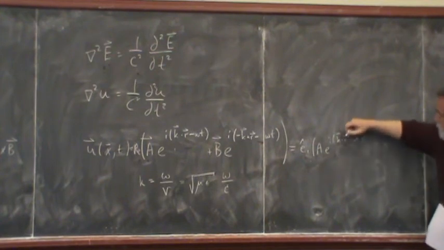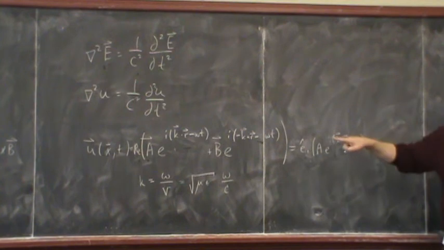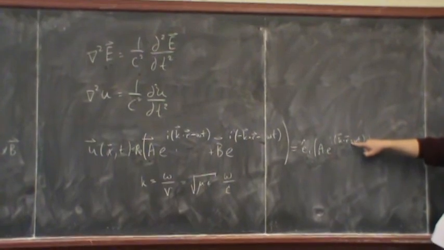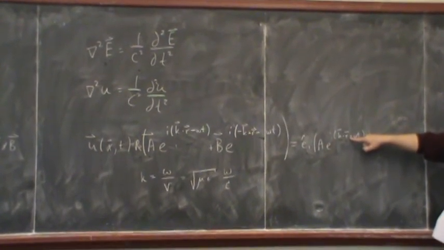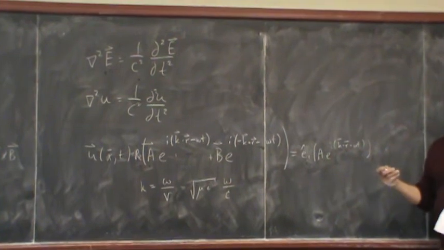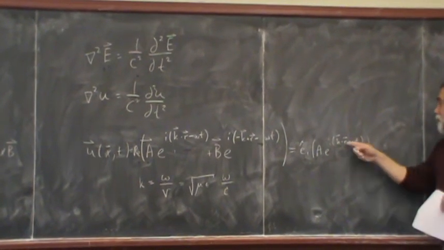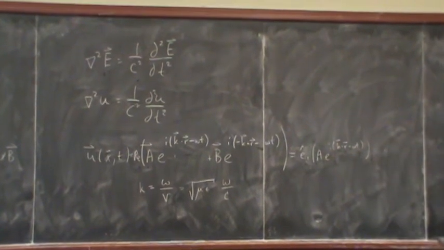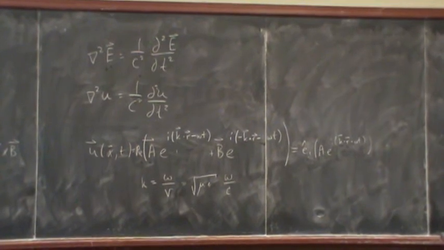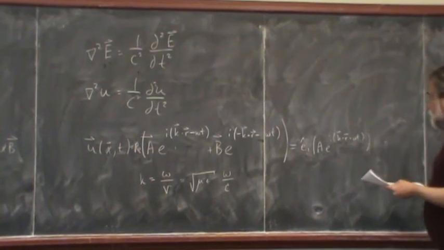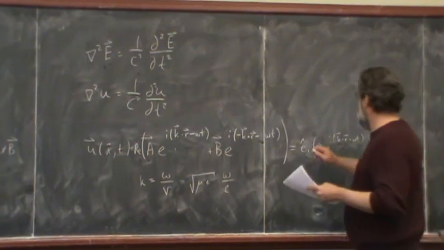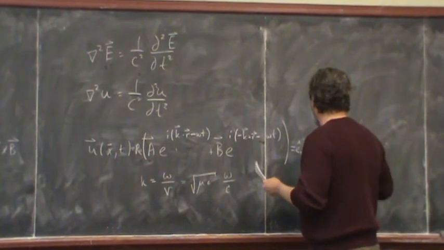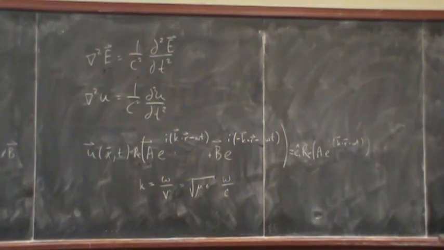And so k defines the actual propagation direction for the wave, and this propagation is in the plus k r direction, right? If I have the minus sign over there, that will be in the minus k r direction. And I have still screwed up. E1, real part of that.